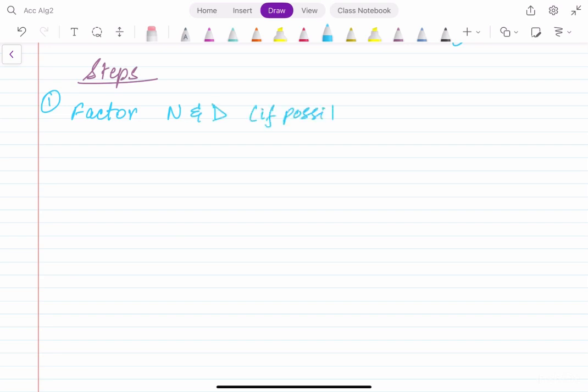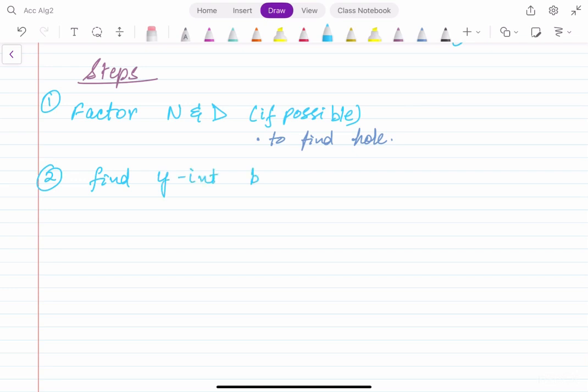In some rational functions it will not be possible to factor, but if it is, please factor it out, because factoring helps you find out if there is any hole in the graph. A possible hole can be figured out with the factoring part, and factoring also helps us get the vertical asymptote and horizontal asymptote more accurately.